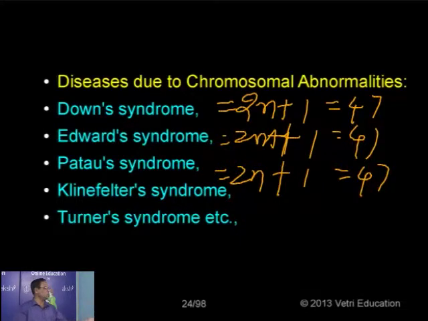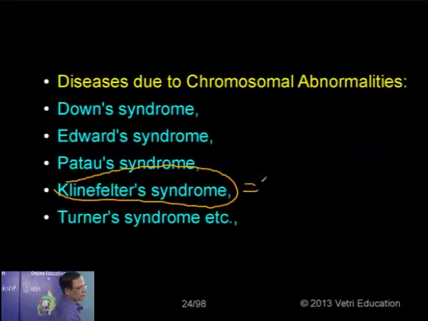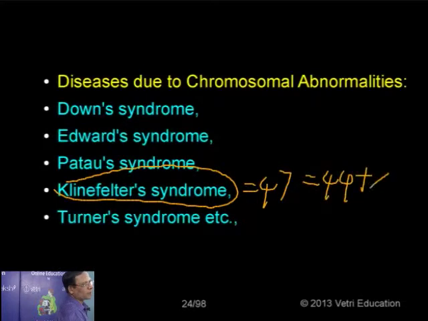Now the next two, Klinefelter syndrome and then Turner syndrome, where you have the addition or removal of sex chromosomes. For example, in the case of Klinefelter syndrome, we have 47 chromosomes. Out of this 47, we have 44 autosomes plus XXY chromosomes.